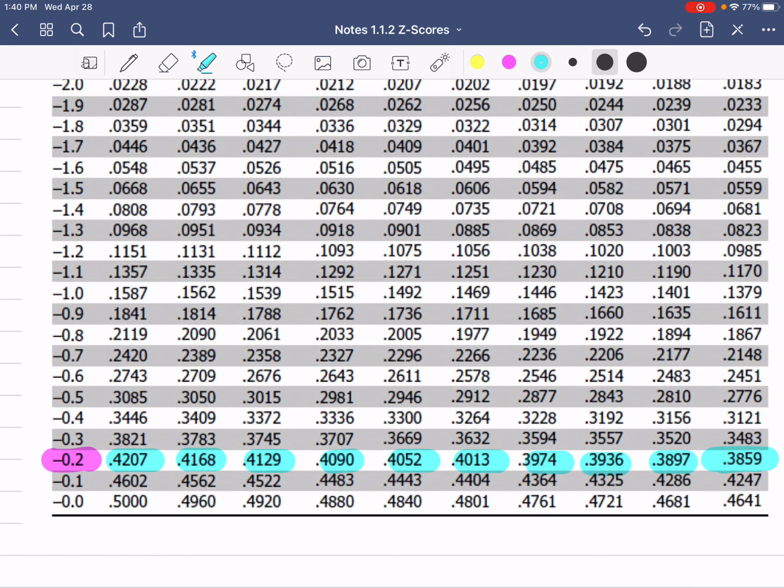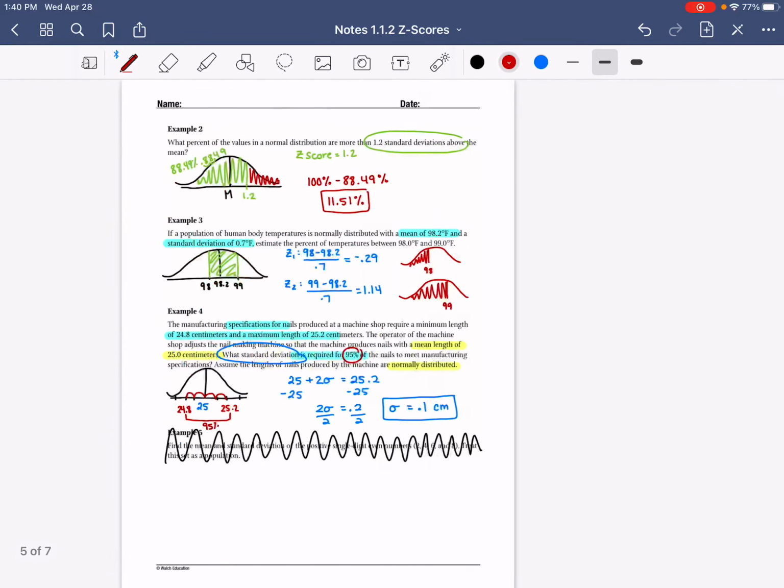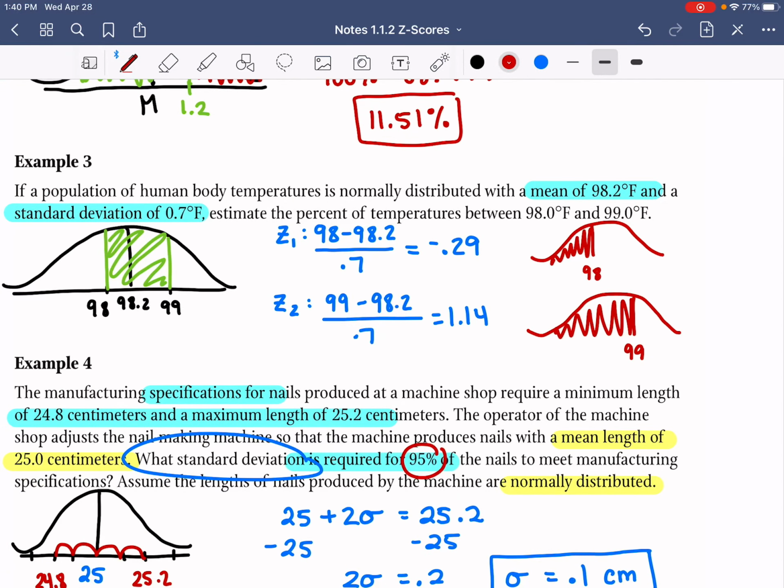So 0.3859. So I'm going to make it a percentage. So I move the decimal 2 places, and I get 38.59. Okay, that's the percentage to the left here.